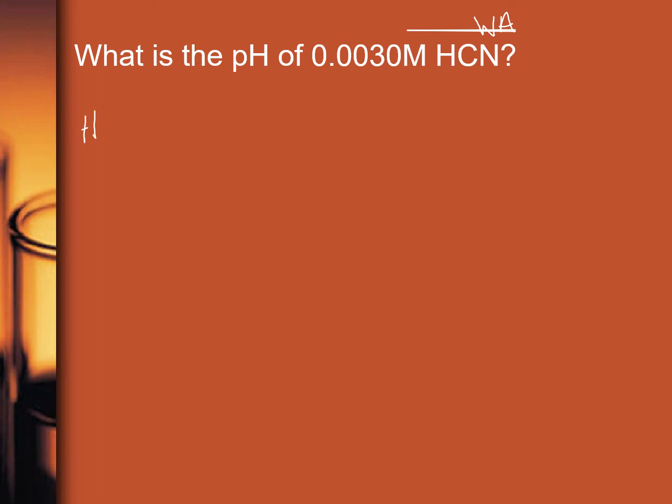So hydrocyanic acid, whenever it reacts in water, remember, will be a double reaction. Sorry, my board's going crazy again. So remember, the hydrocyanic acid will give up a hydrogen to be cyanide and hydronium.